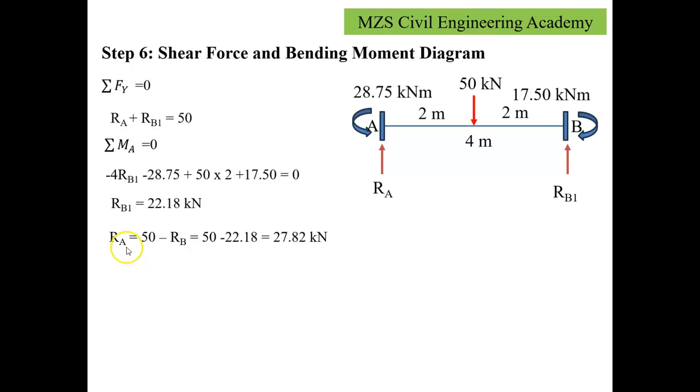If I back substitute this in the previous equation, the summation of vertical forces, we get RA equals 50 minus RB, which gives a value of RA as 27.82.